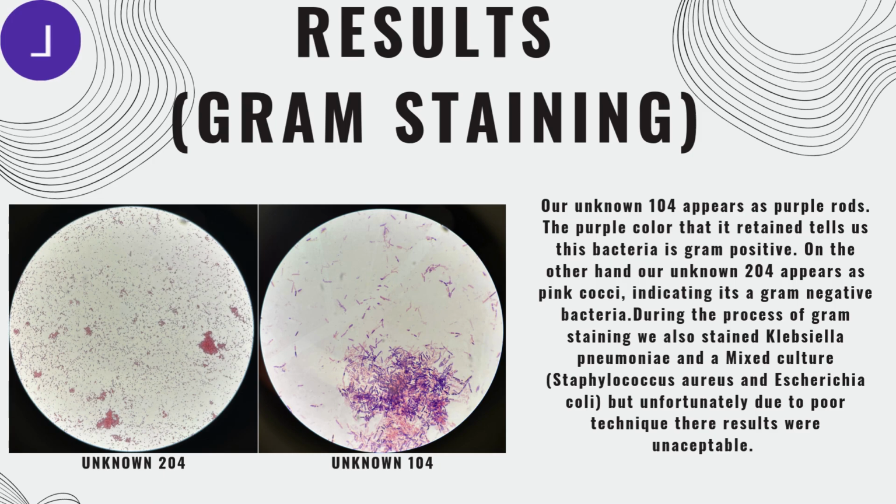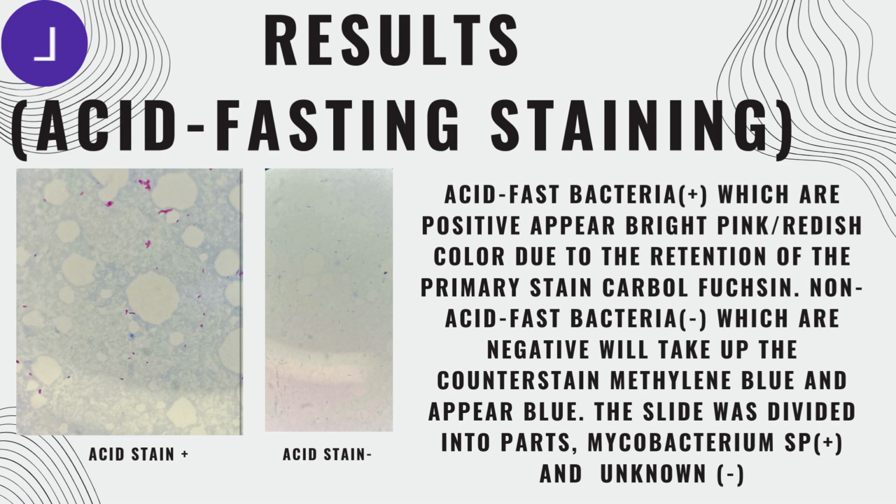For the third set of results, we have the acid-fast staining, and the acid-fast staining mainly divides into two, negative and positive, which means whether it presents the waxy cell wall or not.